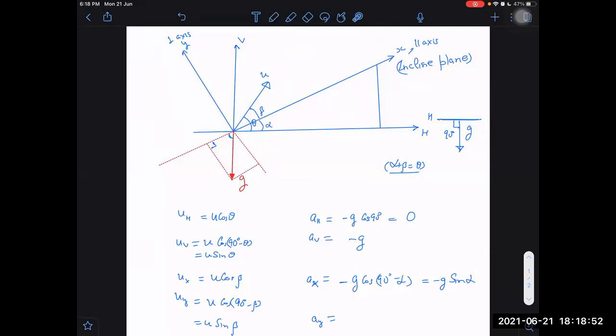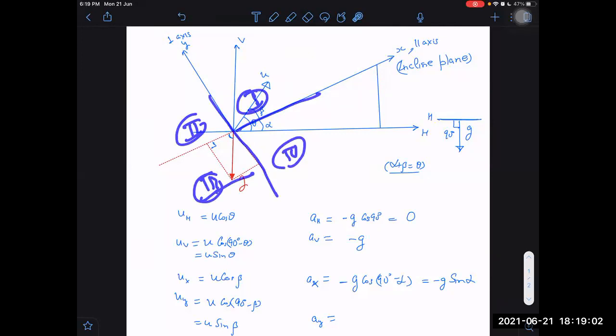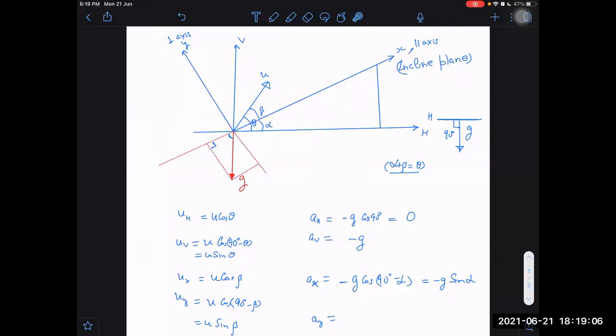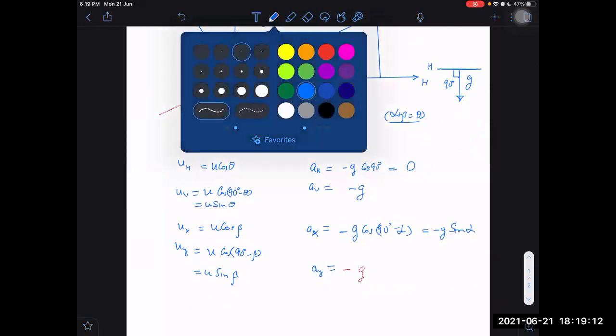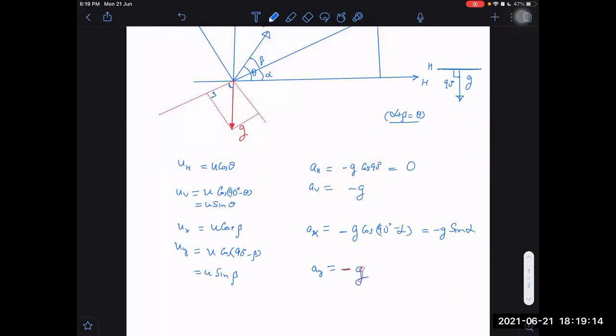So you can directly also say, this was the best method: first quadrant, second quadrant, third quadrant, and fourth quadrant. In the third quadrant, obviously the x and y coordinates both will be negative. So this will be minus of what value? Minus of g cos alpha.